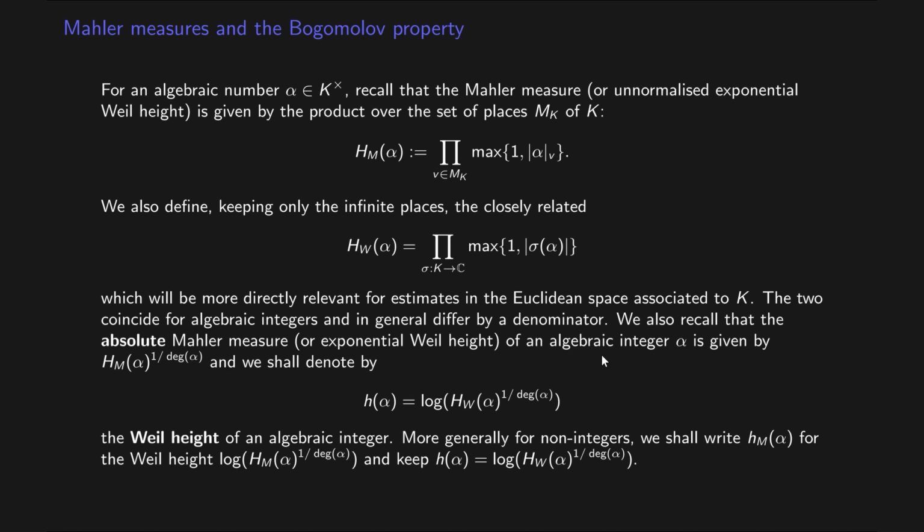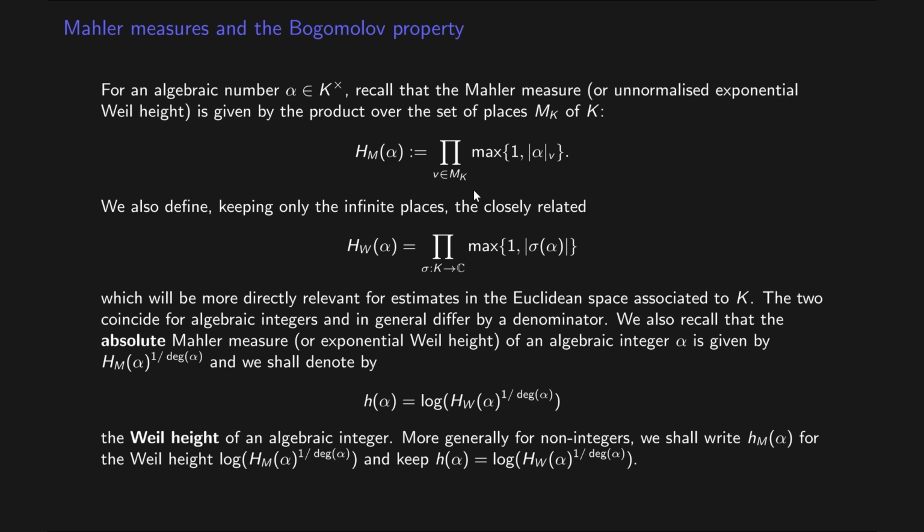This is a useful definition, but it has one shortcoming: if we have one number alpha and consider it inside of different number fields, then the Mahler measure defined in this way would be a different measure.